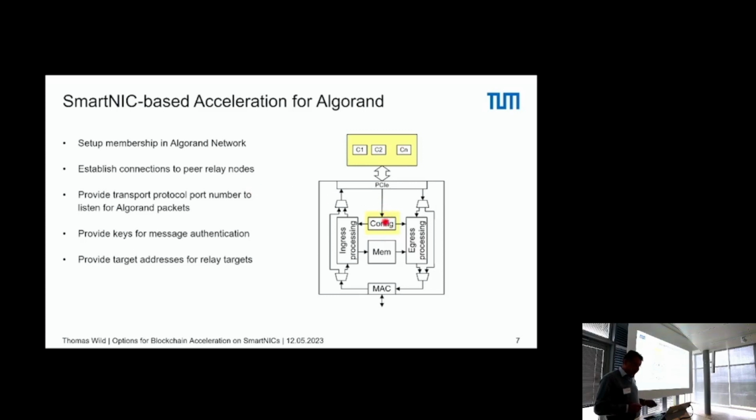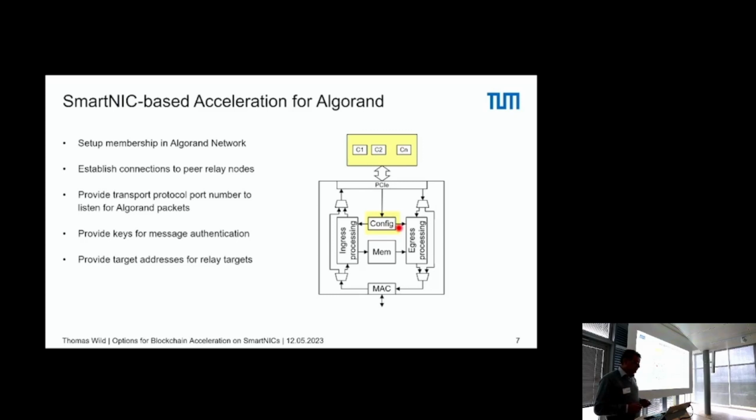Then, when these connections are established, this is the important thing, we could give this information down to the hardware, so that we know on which transport protocol ports our relay node listens, and from which transport protocol ports we should send out these messages. This has to be known locally in the ingress and egress part.